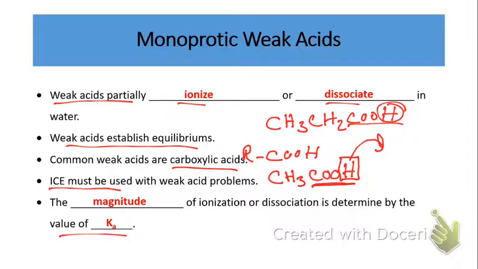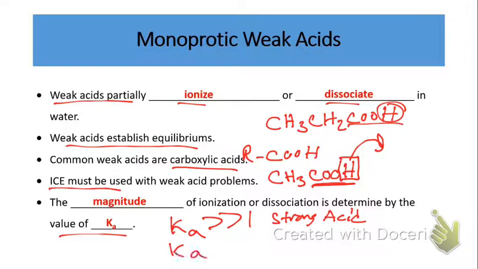Now, the Ka value is like the Kc value, except this is for the acid dissociation constant. So if you have a Ka value that is very, very large or greater than 1, we know that this is a strong acid. If you have a Ka value that is super, super small, then you have a weak acid.